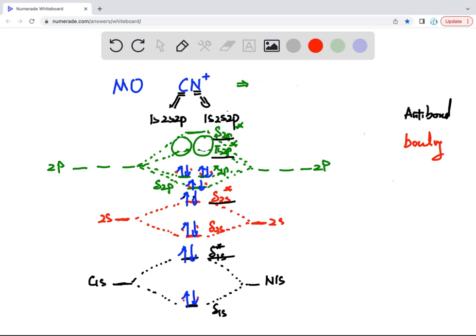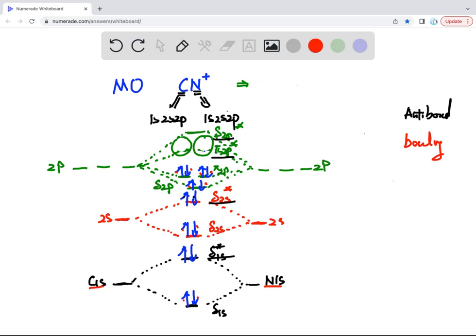As you can see, carbon and nitrogen are both in period 2, so they all have 1s, 2s, and 2p orbitals. We're going to construct the molecular orbitals based on them. You use carbon 1s and nitrogen 1s to construct a sigma 1s bond and sigma 1s antibond, and the same for the 2s.